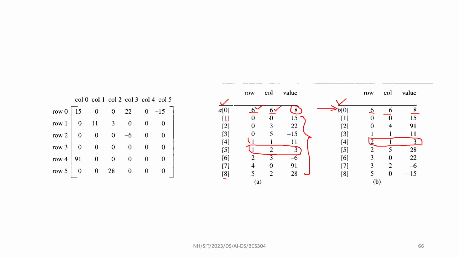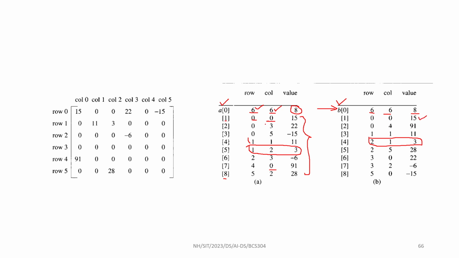Now, for the first time, this is the column, which means it becomes the row. I have to look for the entries where the column is 0. I have to take all those entries and put them here. First data is 0. Is any such data there in the 0th column and the 0th row? Yes, data is there, so you put it.